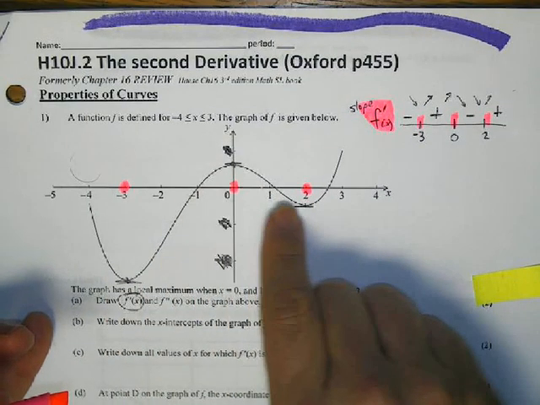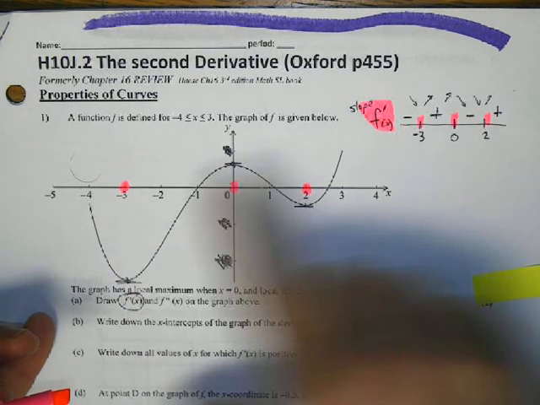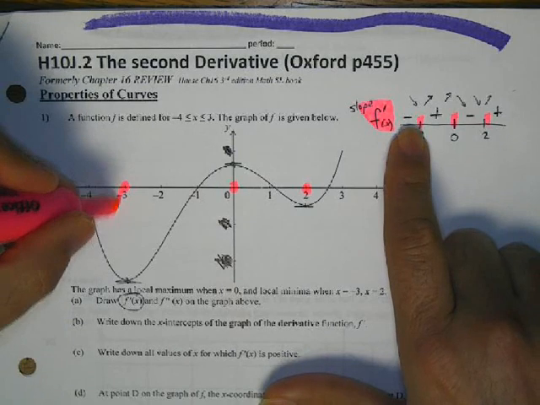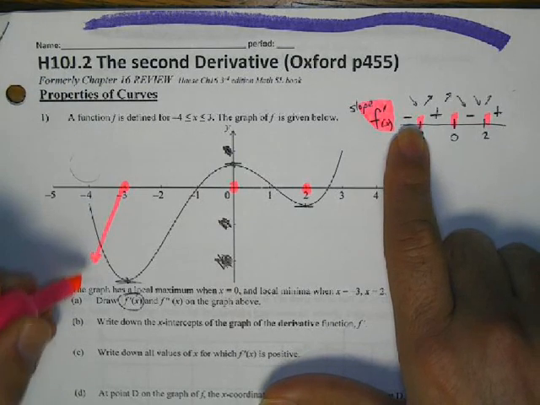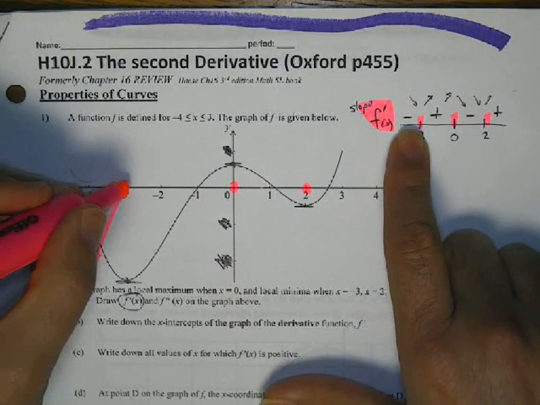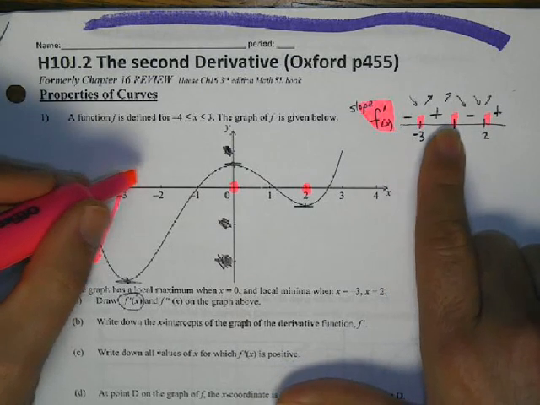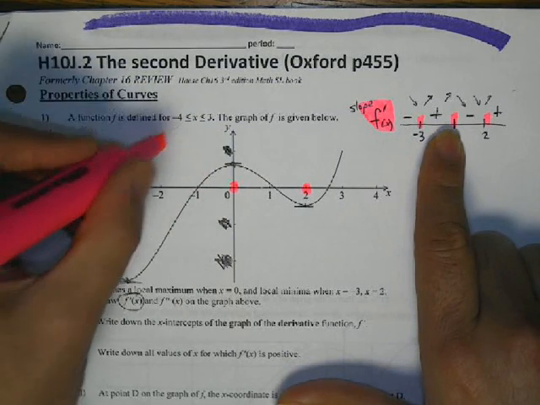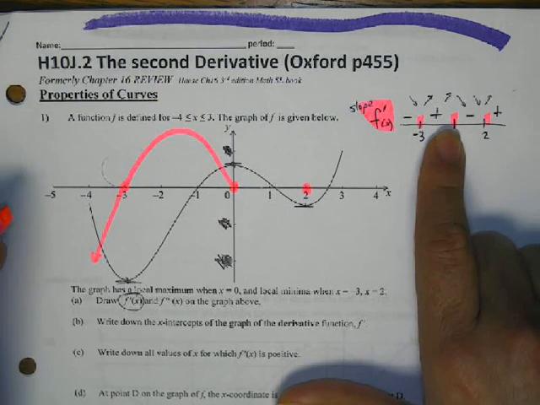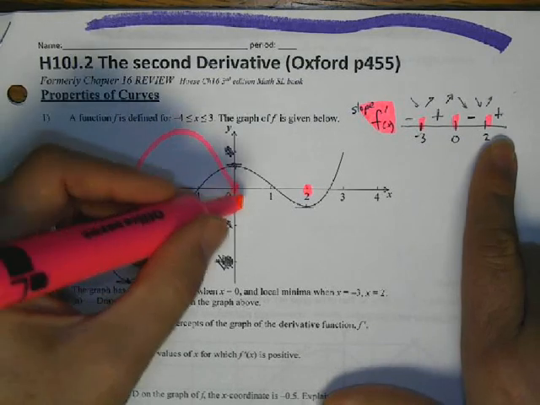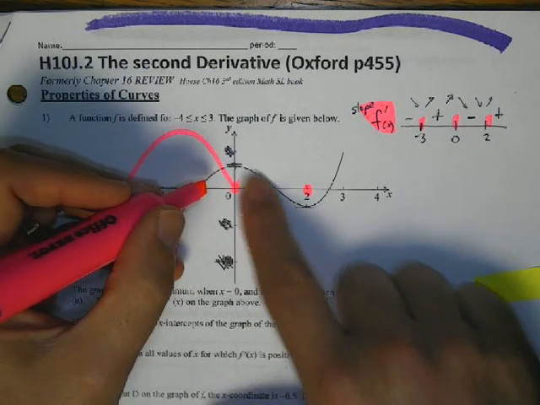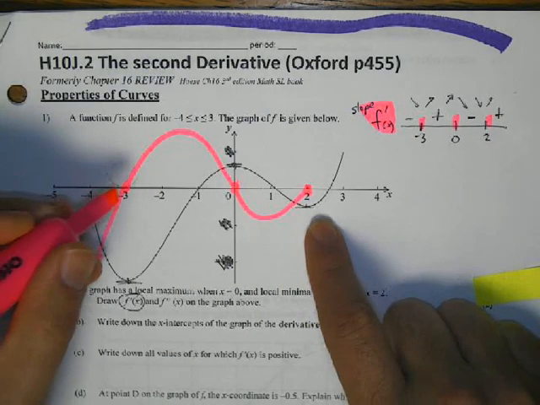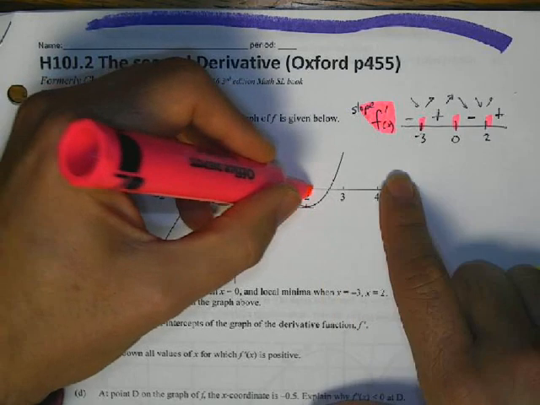So my graph of the derivative is 0 at these 3 points because the slope changes from negative to positive to negative to positive. If the slope is negative, it's going to be below the x-axis. If it's positive, it's going to be above the x-axis until I get to here. Then it's going to be below the x-axis because it's going down to here, and then the slope is positive from here on out.